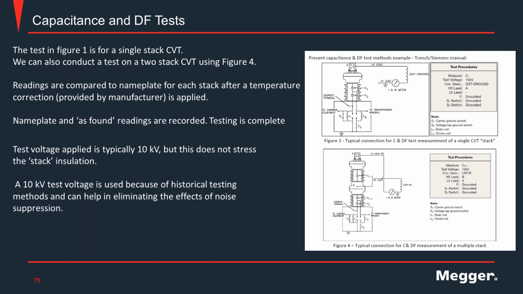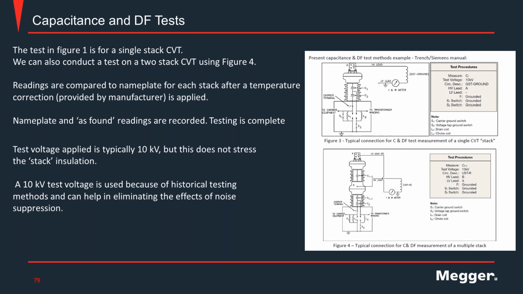Readings are compared to the nameplate for each stack after a temperature correction, which is normally provided by the manufacturer. Then nameplate as-found readings are recorded, and testing is complete. Test voltage applied is typically 10 kV, but this does not stress the stack insulation. Remember that. A 10 kV test voltage is used because of historical testing methods, defined by other brands as well, and it can help eliminate the effect of noise.